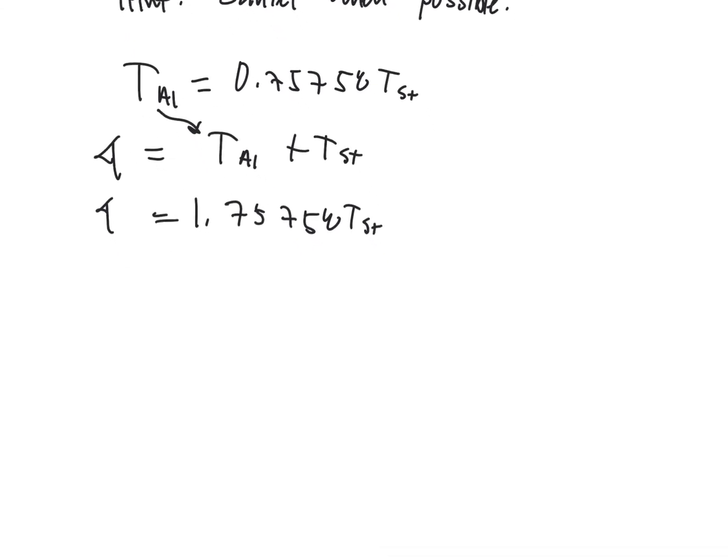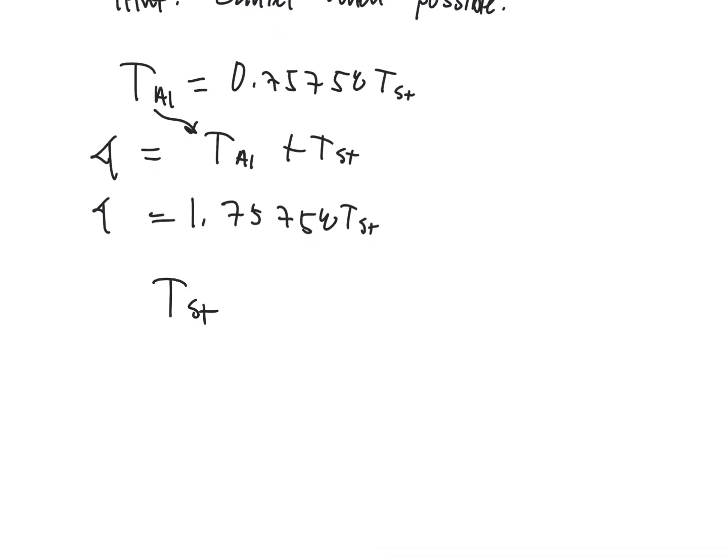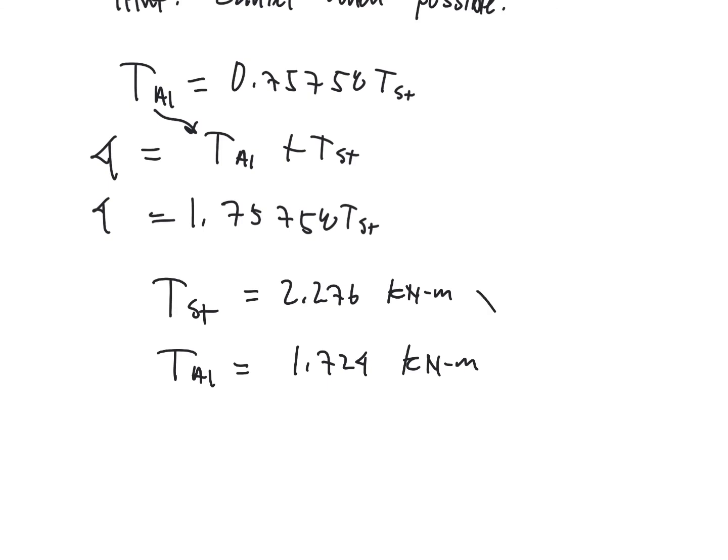And that allows us to solve: the torque in the steel is equal to 2.276 kilonewton meters, and the torque in the aluminum is equal to 1.724 kilonewton meters. So the steel, notice, takes most of the torque. It's the inner core, and its G value is so much higher that it takes most of the applied torque, although they're relatively close, but still the steel takes the most.